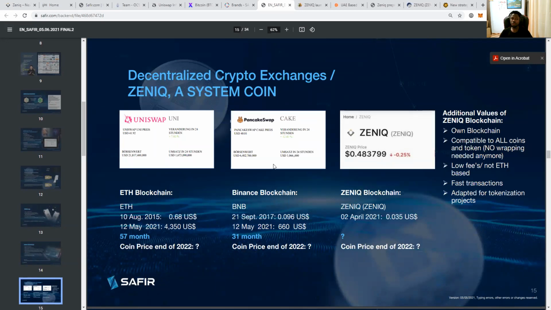When you do a little comparison on exchanges, of course, Zeniq exchange is going to be decentralized. So we are comparing it with a few of the decentralized exchanges currently. We pick Uniswap, which is on the Ethereum blockchain. We pick Pancake, which is on the Binance blockchain. Now, when you pick Uniswap, the volume per day is 1.6 billion transactions.